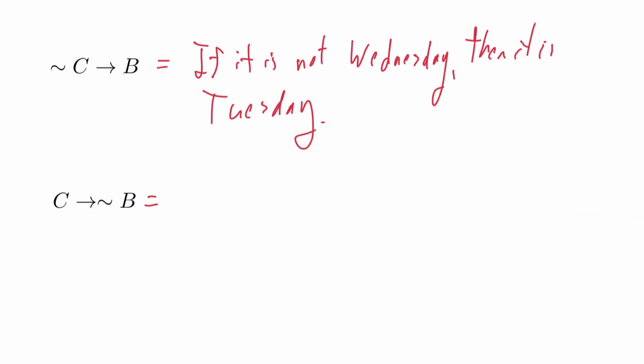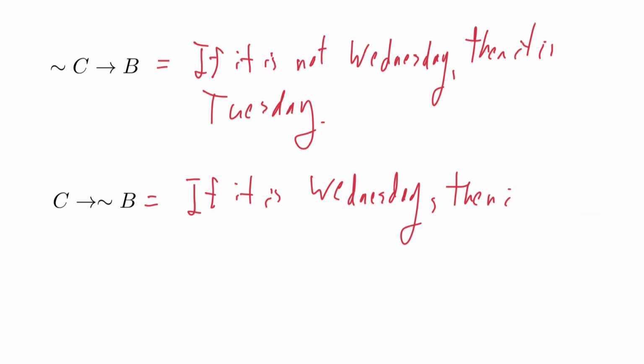Lastly, we'll look at C implies not B. What does this say? This says if it is Wednesday, then it is not Tuesday. And we believe this.